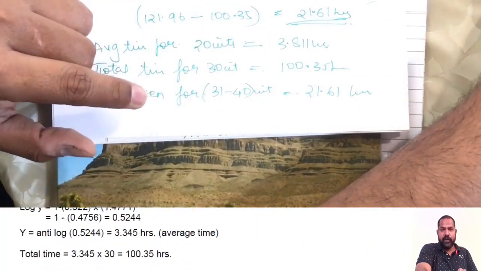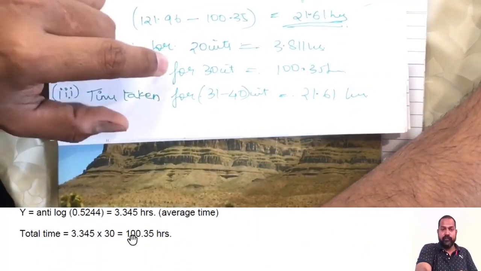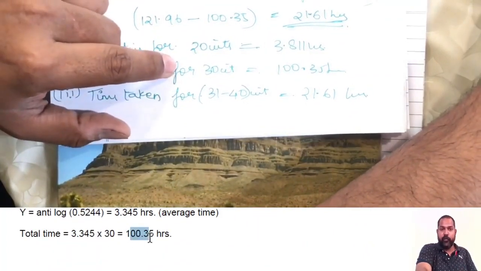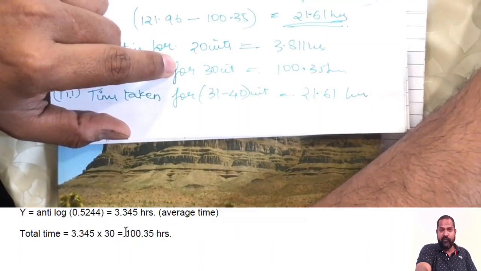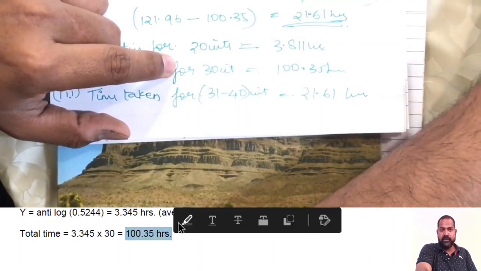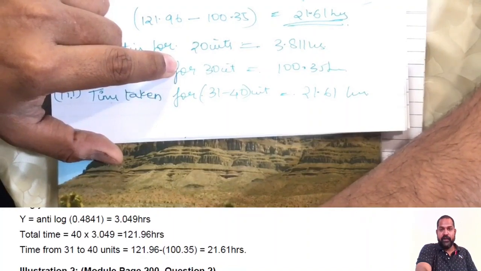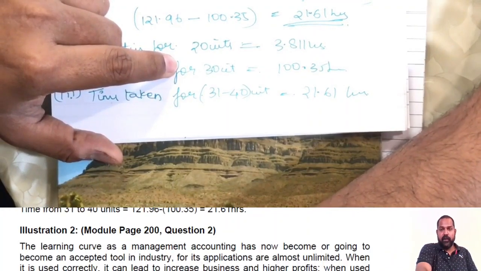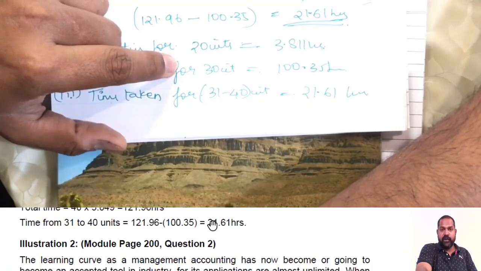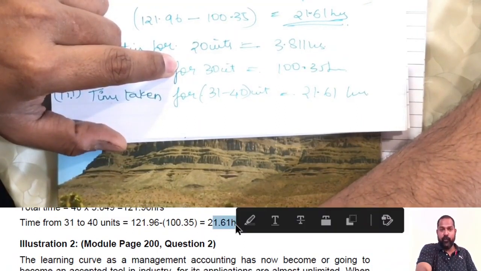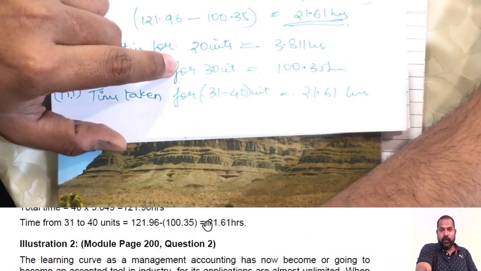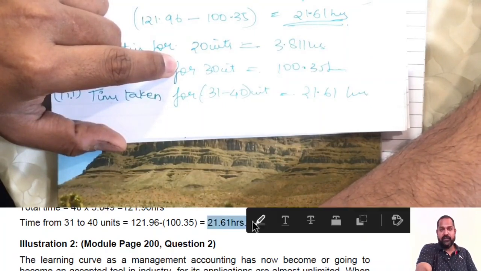Next. The total time for 30 units is 100.35. Perfect. The answer is correct till the point. And for the incremental 31 to 40 units, well, the answer is 21.61 hours.